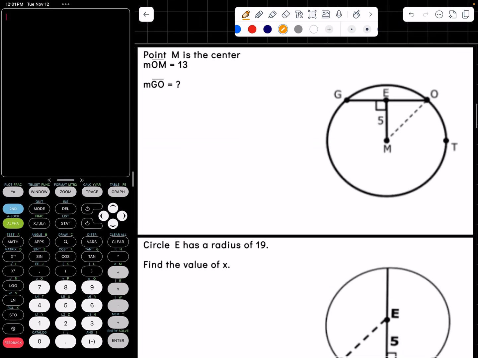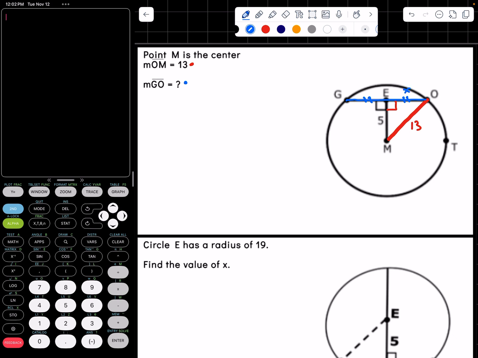So in this situation, point M is the center. OM, we can see, is 13. Okay, if OM is 13, and this is a right angle, I can use Pythagorean theorem to help me solve for EO. And that will help me because if I can figure out what EO is, then I can figure out what GO is because I know that these two things are going to be congruent to each other.